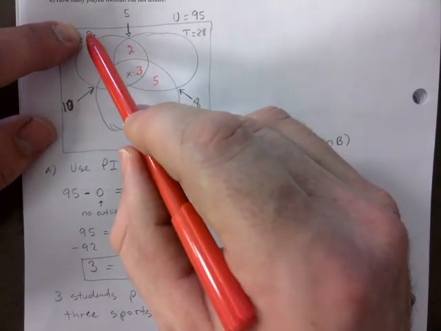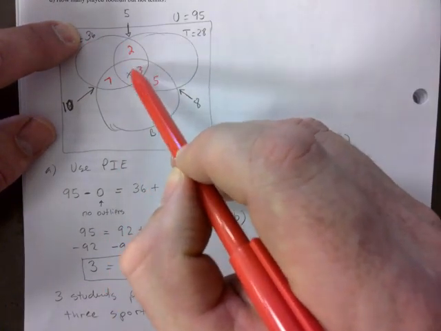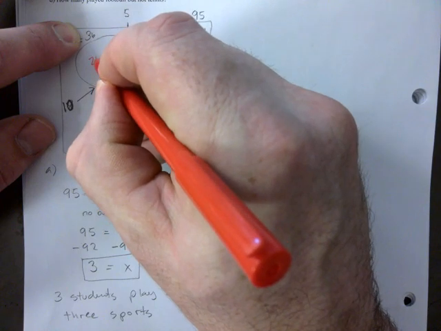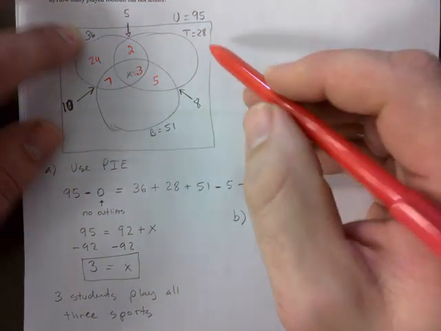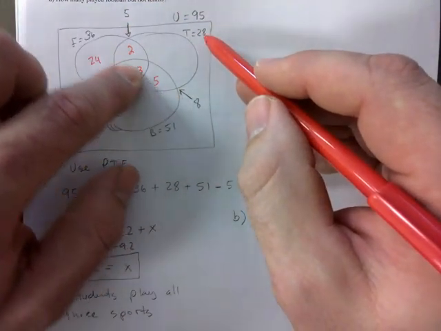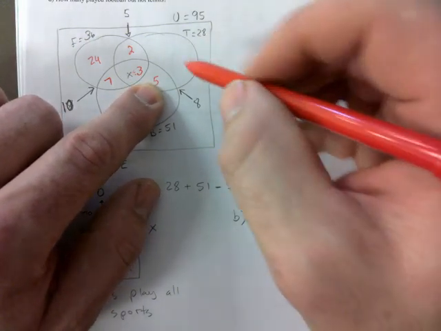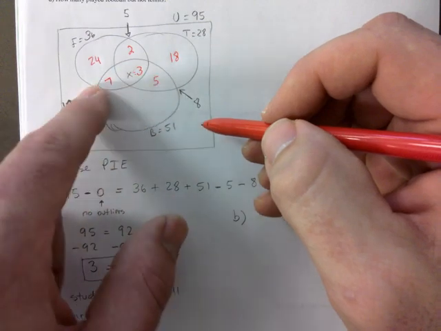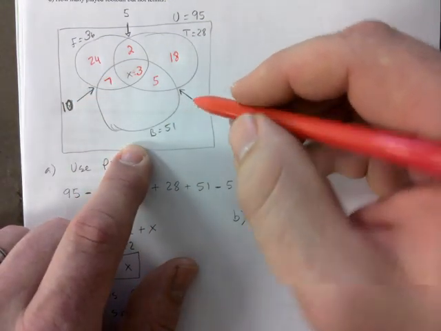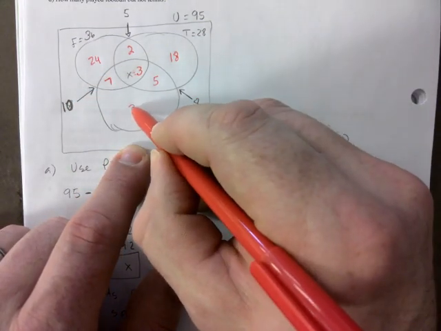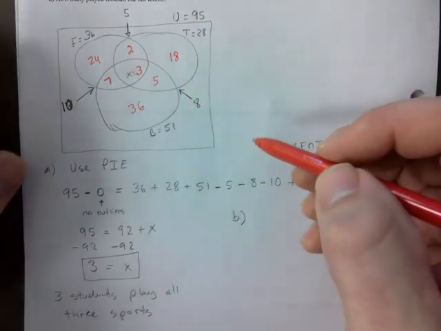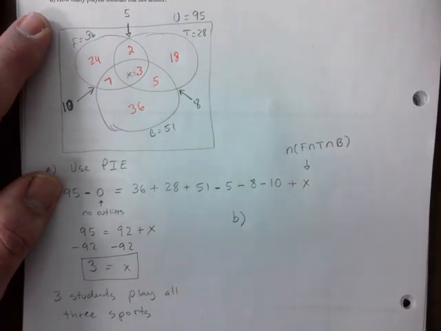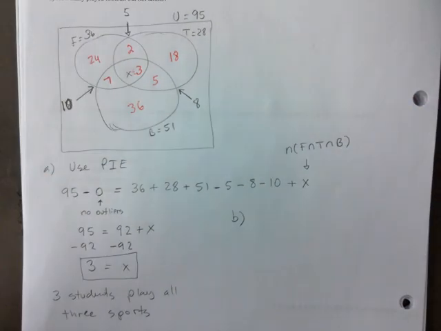Now I'm going to go 36 minus all three of these numbers, and that's 24. 28 minus all three of these numbers is 18. 51 minus these three numbers, and you're going to have to practice this, is 36. There we go. Now it's filled in.